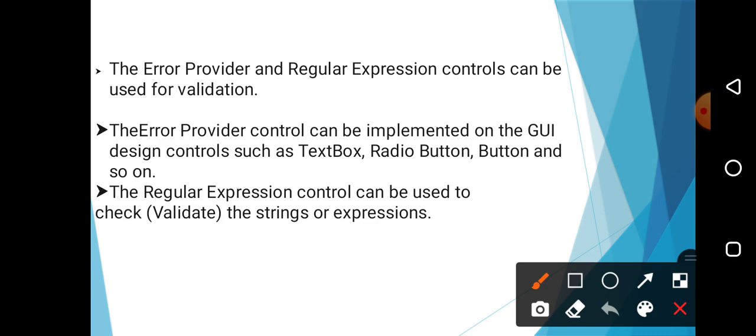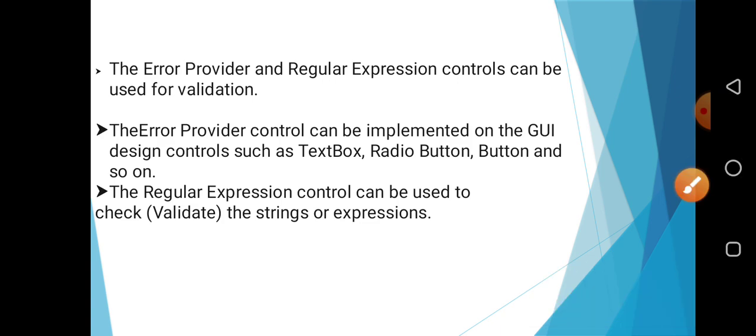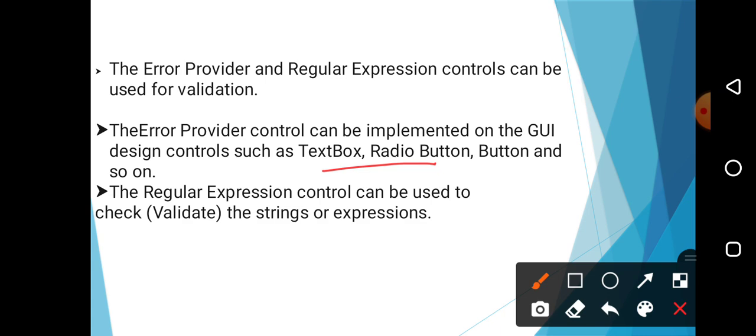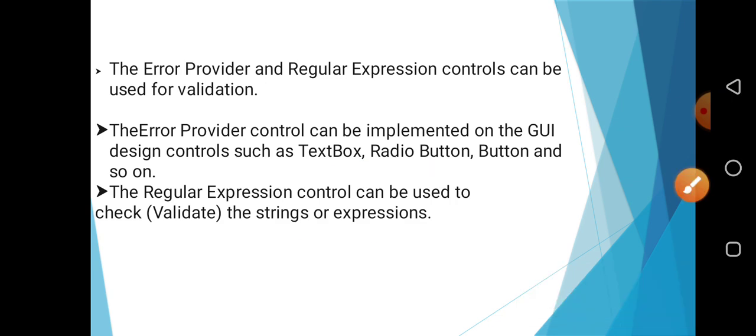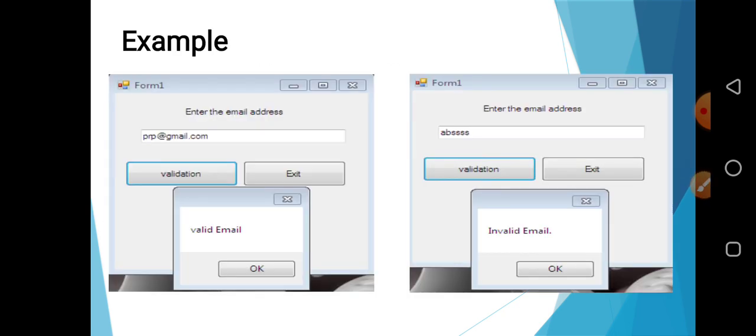To check these things is nothing but the validation. So these things we are going to do with the help of VB.NET. The error provider can be implemented in a GUI using text box, radio button and so on. The regular expression control can be used to check the strings or expression.